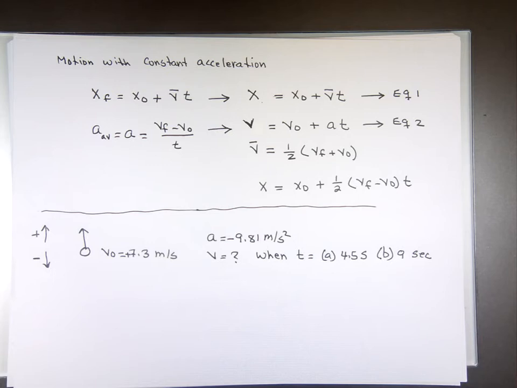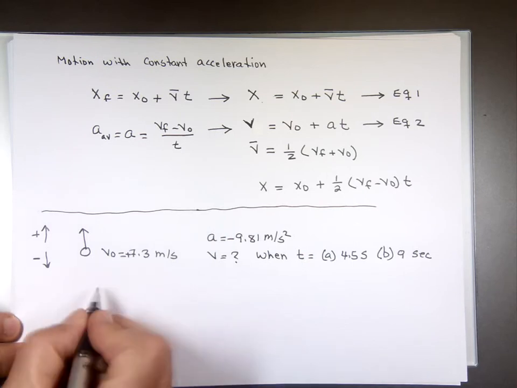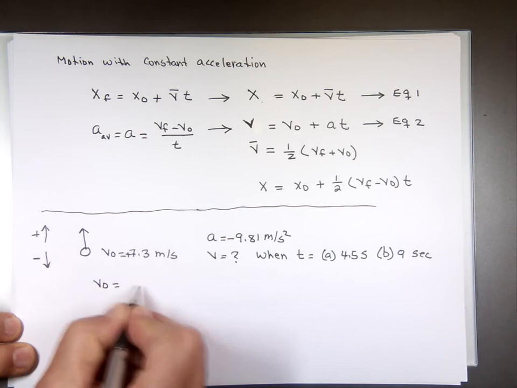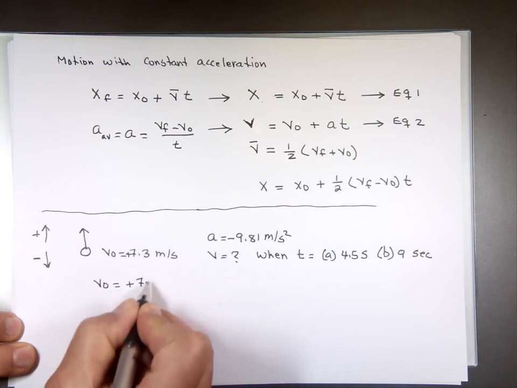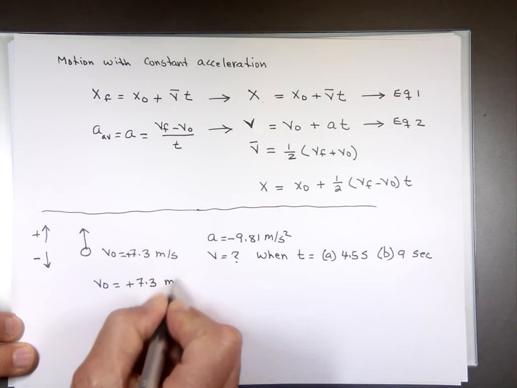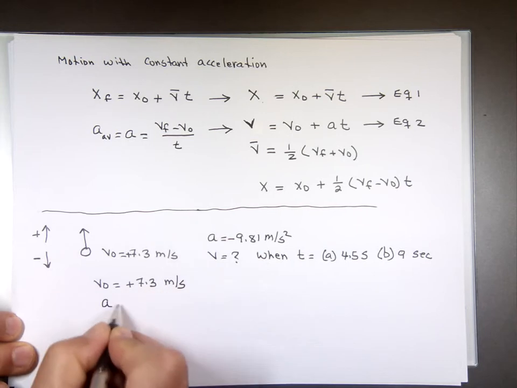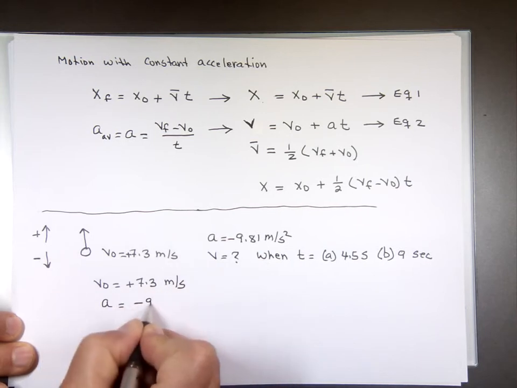I get two equations, 1 and 2. I've got to decide which one of these has most of the information in it. So let me summarize what I know. I know the initial velocity is what? Plus 7.3. I know the acceleration is what? Negative 9.8.